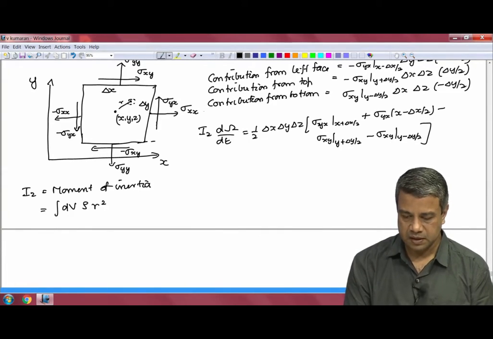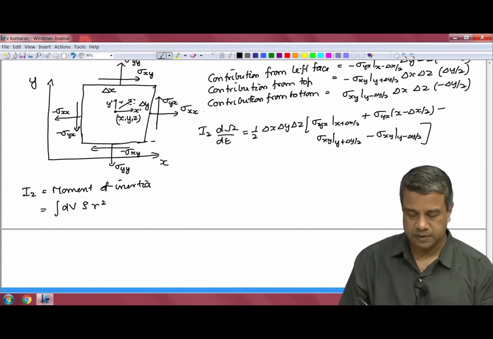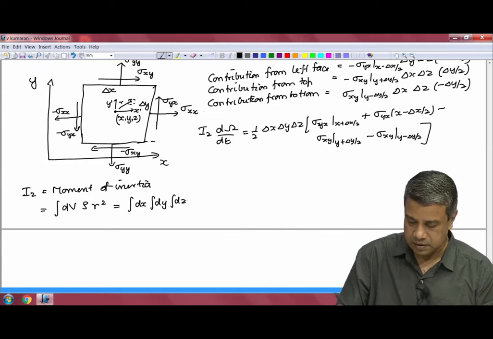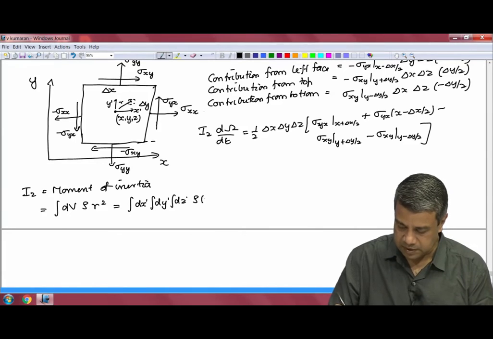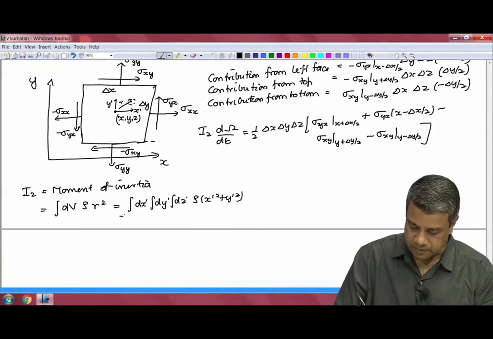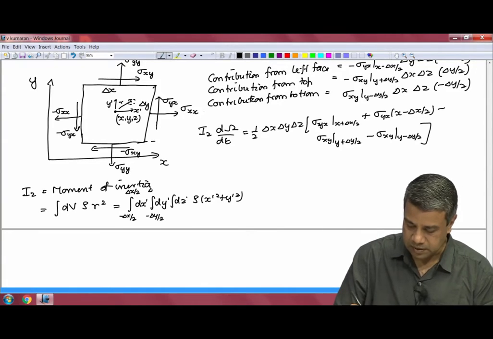So, if I take a coordinate system x prime y prime centered at this location, this is going to be equal to the integral dx prime, integral dy prime, integral dz prime of rho times x prime square plus y prime square, going from minus delta x by 2 to delta x by 2, and minus delta y by 2 to delta y by 2.